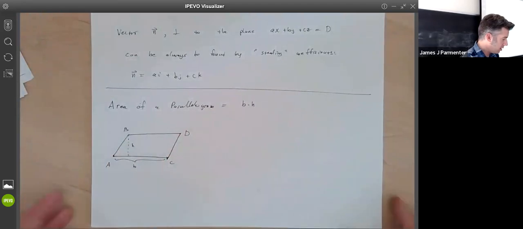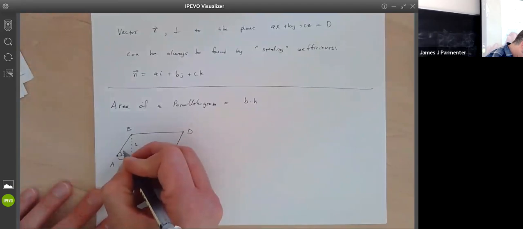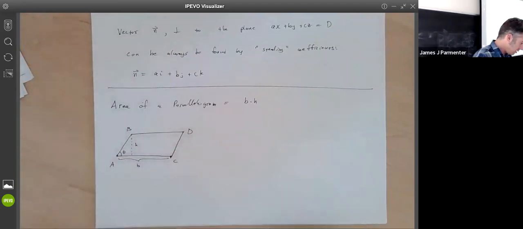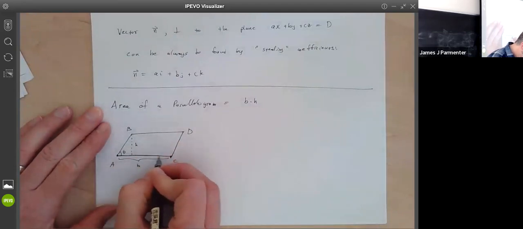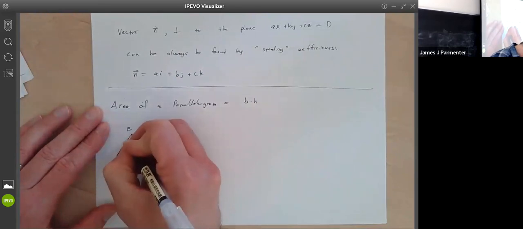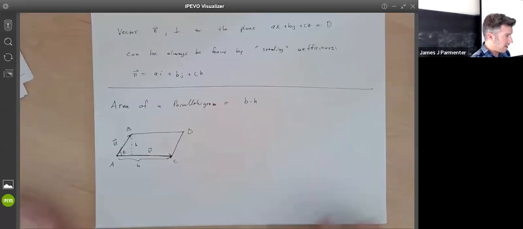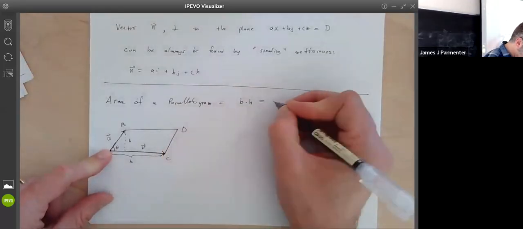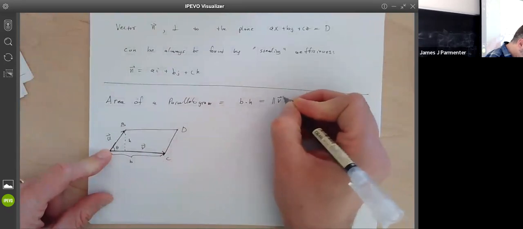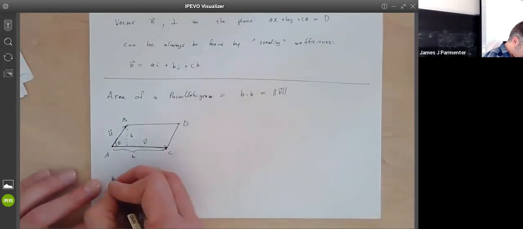Very generally. But we can also use some of the formulas we've talked about to say this a different way. So if you call that angle theta, and we call this vector here V, and this vector here U, then the area is again the base, which is the magnitude of V, times the height, which is, let's do some trigonometry.